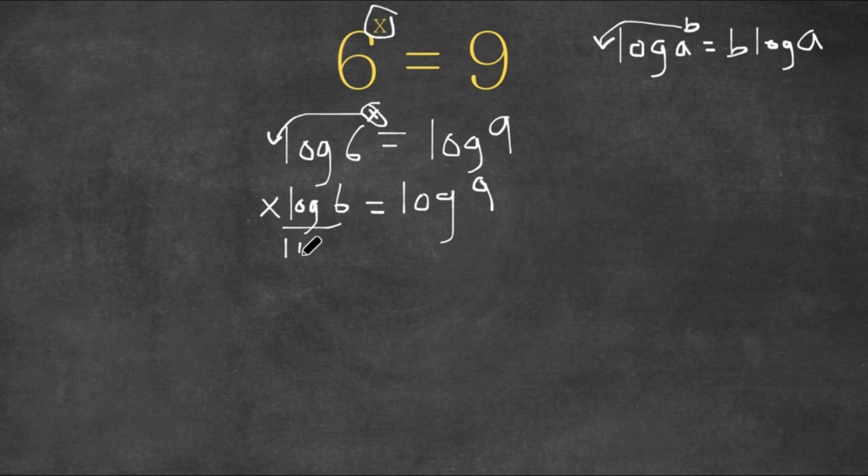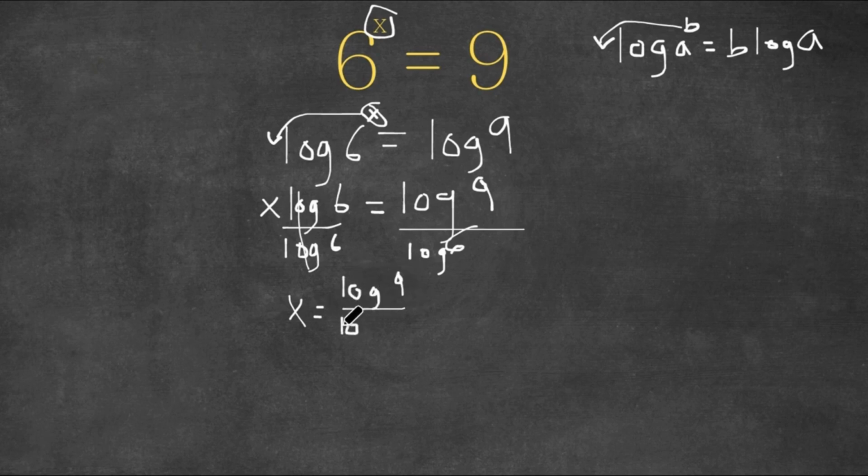So if we divide by log 6 on both sides, well, these two cancel out, so we're left with x equals log 9 over log 6. And this is our exact answer.